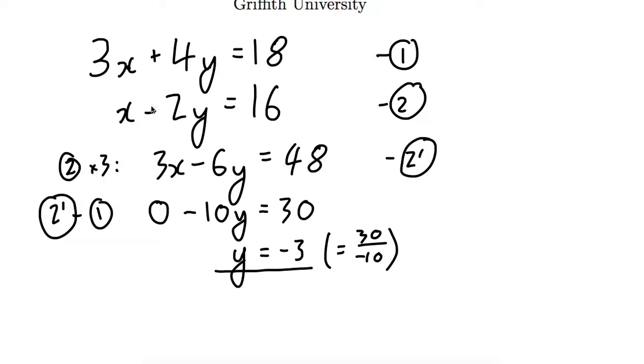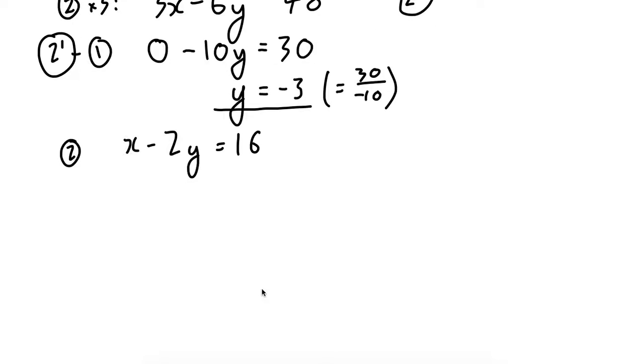Let's use the simpler one. So this is equation 2 again. And we're going to substitute in the value of y that we've got. So equation 2, x minus 2y equals 16. X minus 2 times minus 3, the value of y, equals 16.